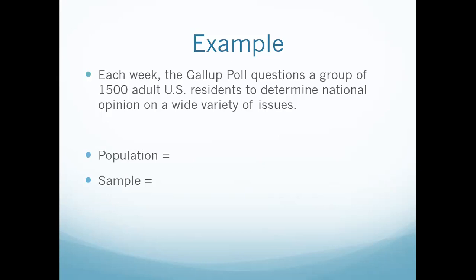When you are reading this question, you should figure out what the population is and what the sample is. That's the basic thing. 1,500 is the group which I'm going to select, and what is the population? Entire US residents, right? So US residents are the population, and the 1,500 is my sample. Clear?